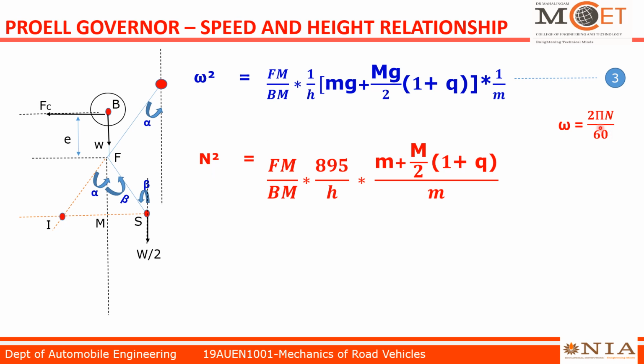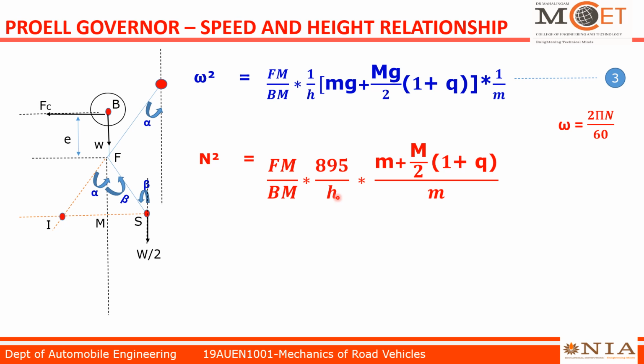I just give a value for pi, g equal to 9.81, pi equal to 3.14, we get the constant value as 895 by h. This is the relationship between the speed of governor and height of the governor here.